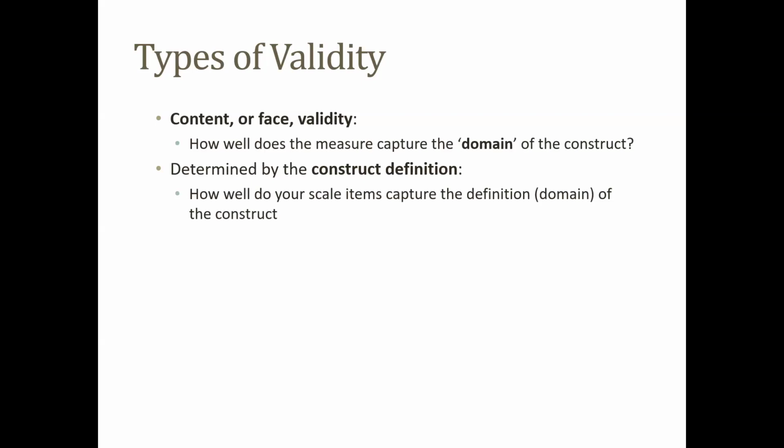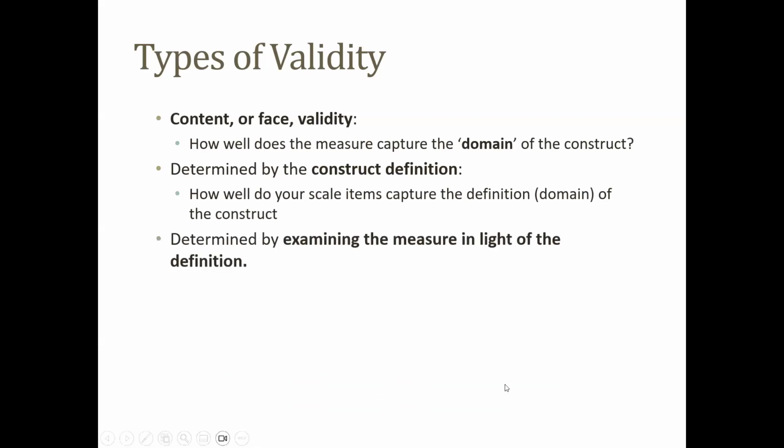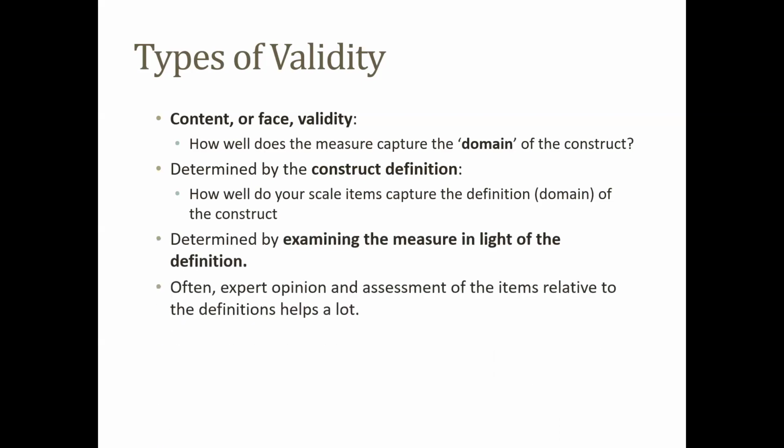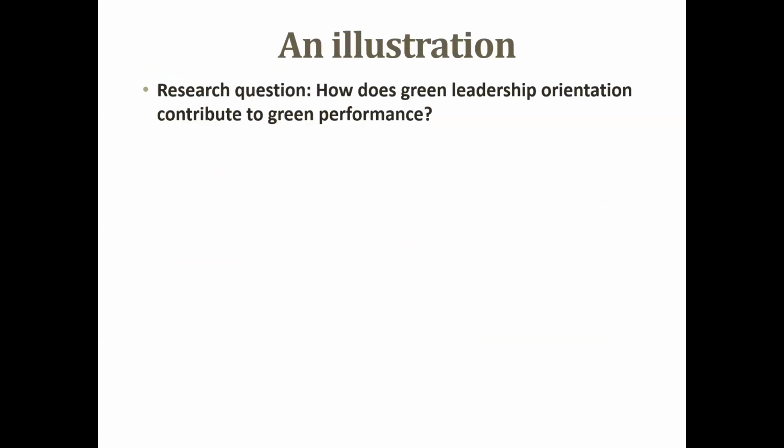That is a qualitative judgment, and you should have done that before even going to the field to collect data. It is the reason we spend time carefully defining your construct and coming out with measures that reflect the exact definition you used.